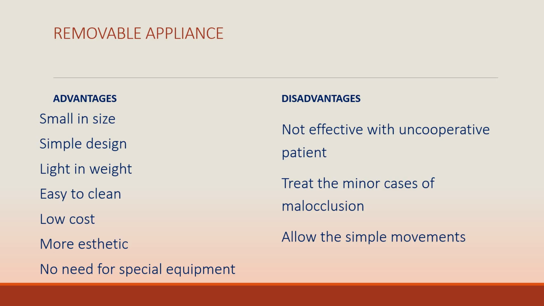However, over the past few decades, there has been a significant decline in their use, primarily as a result of more efficient fixed appliances being available and an increase in numbers of orthodontic specialists able to use them. However, simple removable appliances retain a place in modern orthodontic practice, usually as an adjunct to fixed appliance therapy or for use in the retention phase of treatment.